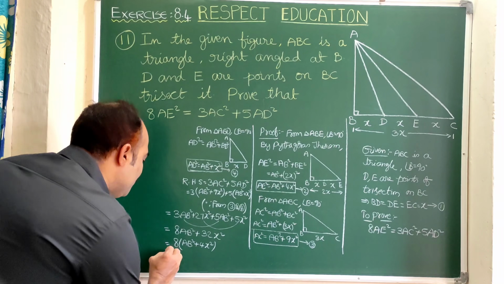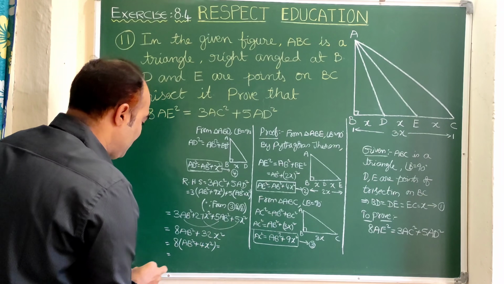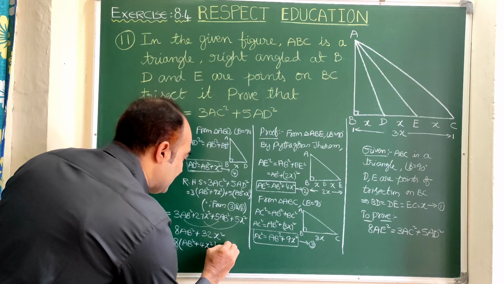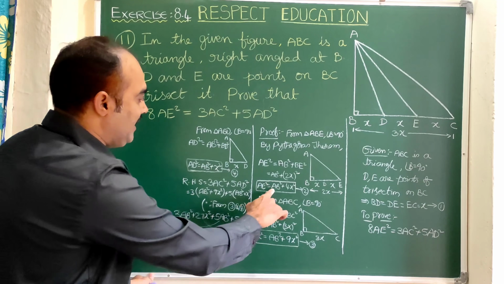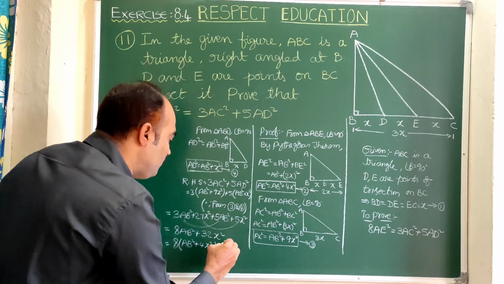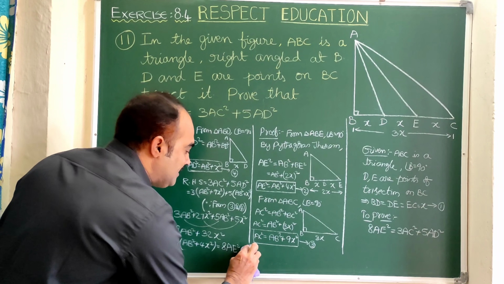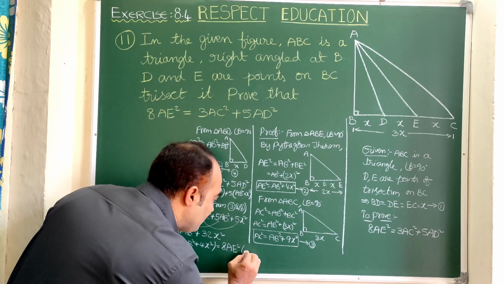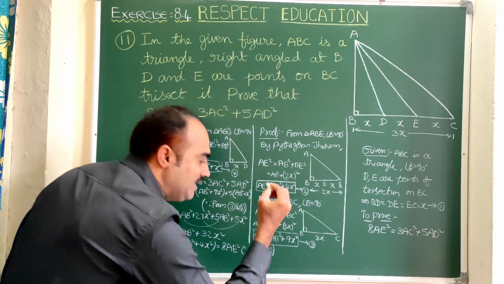Clear? You just observe that I am writing 8 as it is. AB square plus 4x square is nothing but AE square from equation 2. So we can write this as AE square, right? This is written using equation 2.